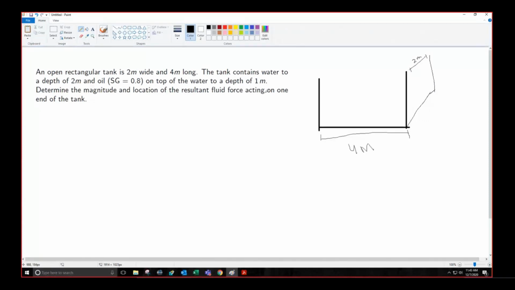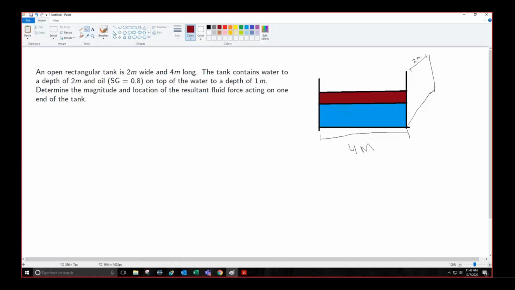The tank contains water to a depth of 2 meters. That means we have water from this point to this point. Here we have water, and on top of the water we have oil of specific gravity 0.8 to a depth of 1 meter. Let's color it.